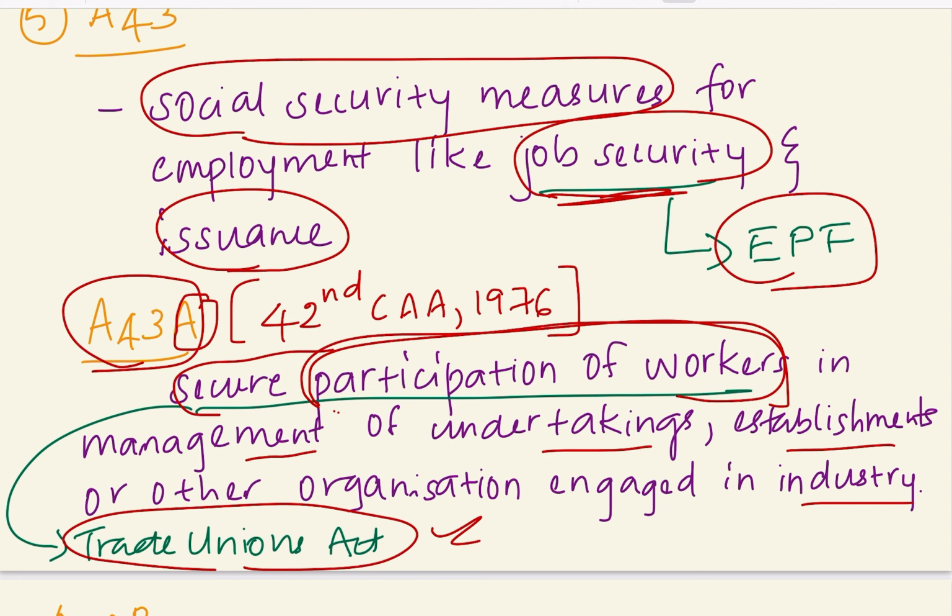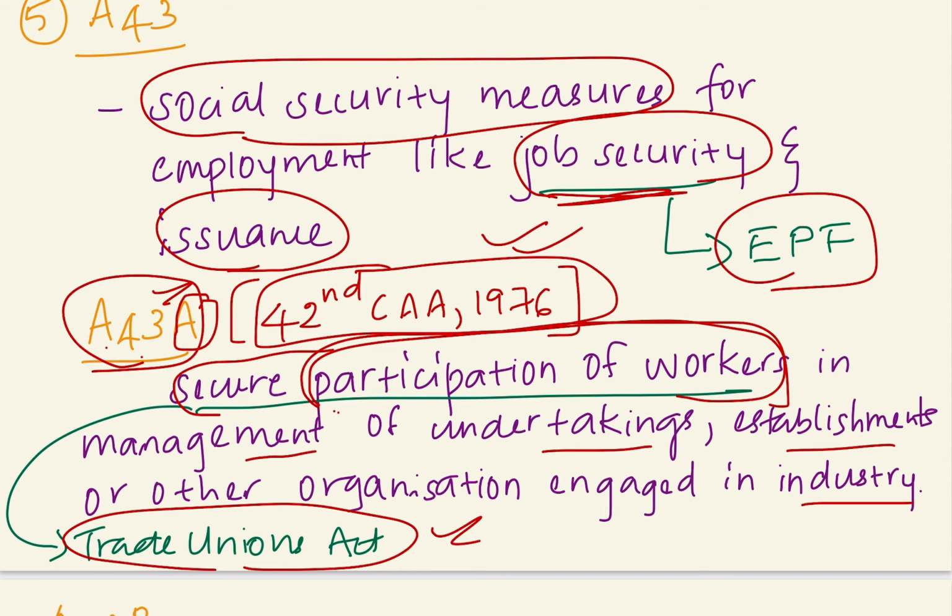That is the reason it has got an alphabet attached to it. Anywhere we see an alphabet attached to an article, it shows that the article was amended. Even this Article 43 was amended, and that is the reason we have Article 43A. This amendment was through the 42nd Constitutional Amendment Act of 1976. That is about Article 43A.